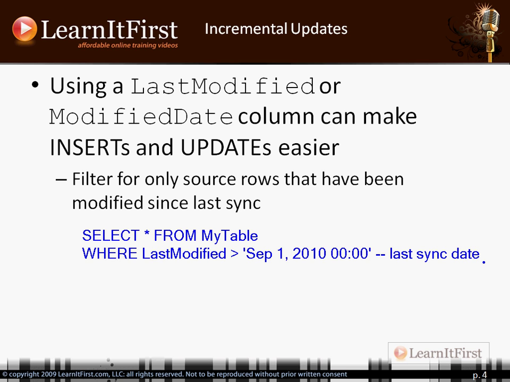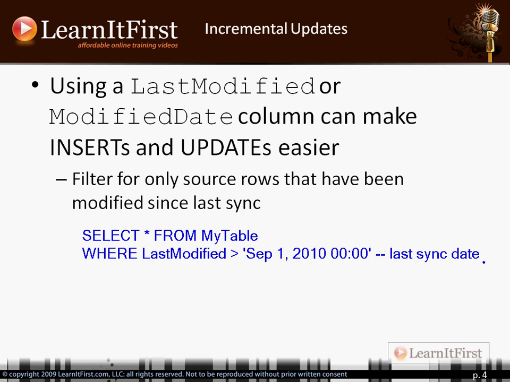Now the problem that I have in a situation like this is, I don't really know, was it added or was it updated? And so if this is your only marker that you have, often you will delete any rows at the destination that match the primary keys in this set and then simply replace them with this set of data.